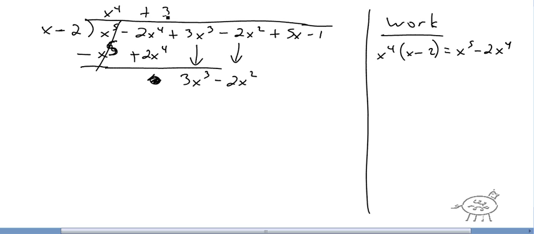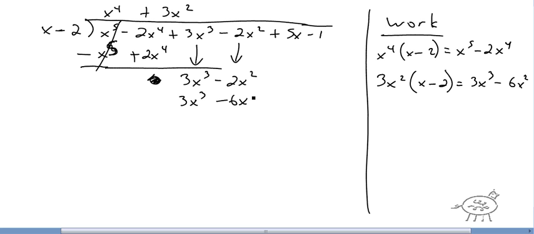So plus 3x squared. So here on the side, 3x squared times x minus 2 gives me 3x cubed minus 6x squared. Change the sign. I get 4x squared. Bring down the term, plus 5x.